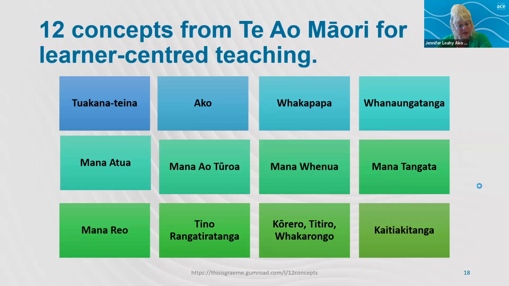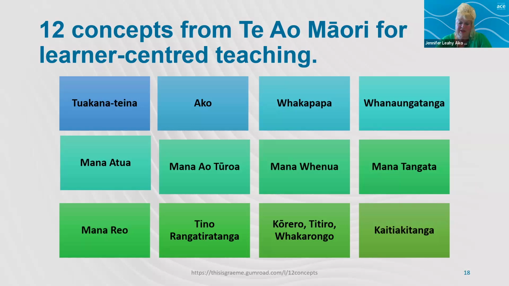The last line, mana reo, is around the valuing of te reo Māori, so the use of that throughout learner-centered teaching. The second one you'll have heard there, second line at the bottom, tino rangatiratanga, more approaches that are self-determining for the learner and their sessions.